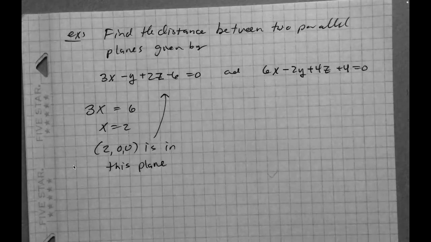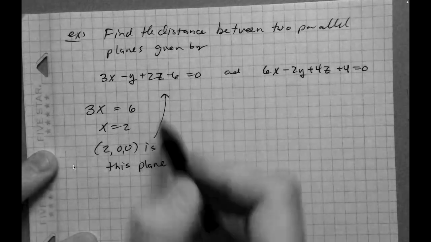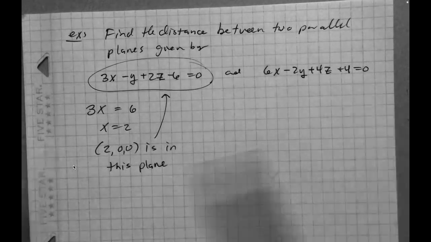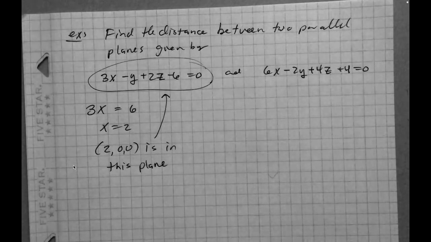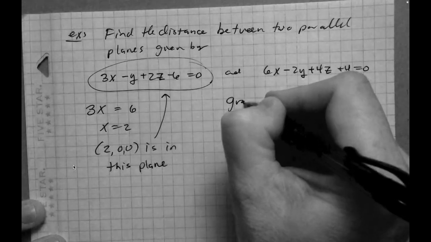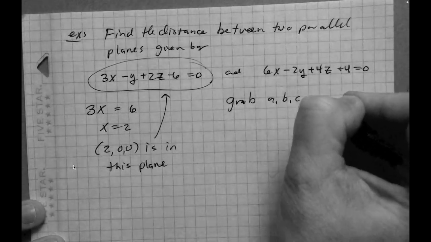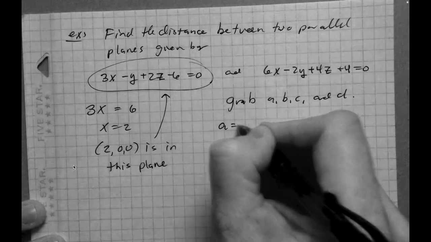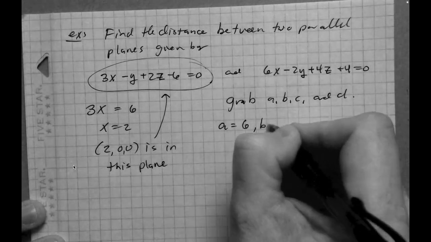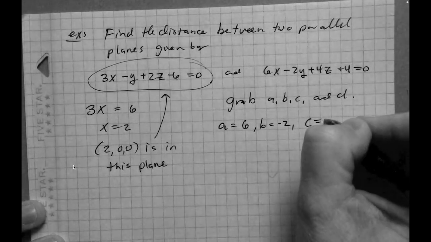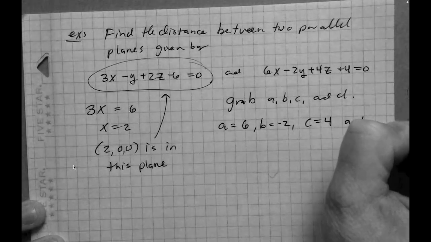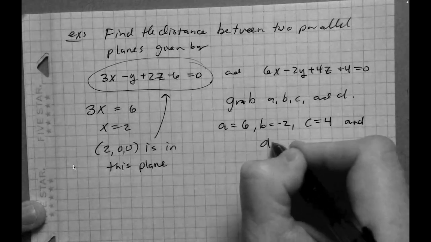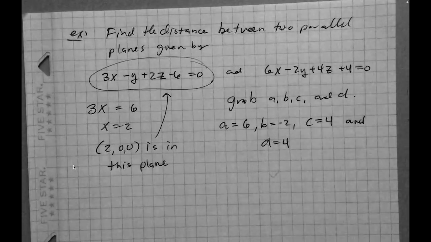Then this point is taken from this plane. So from the second plane, we need to grab a, b, c, and d. So a equals 6, b equals -2, c equals 4, and d is equal to 4, right? They're just given.